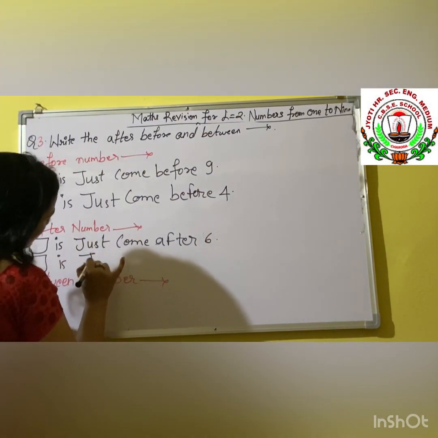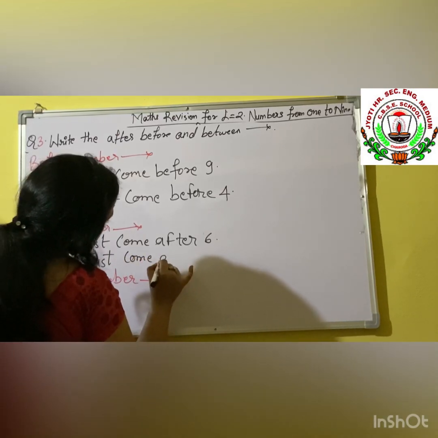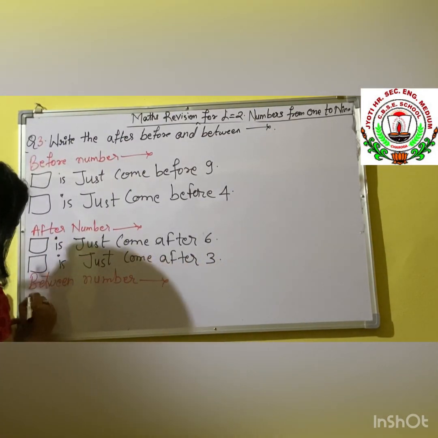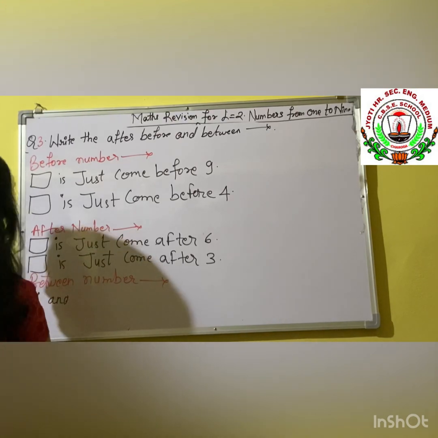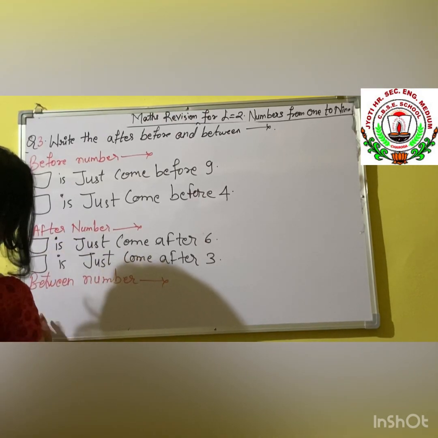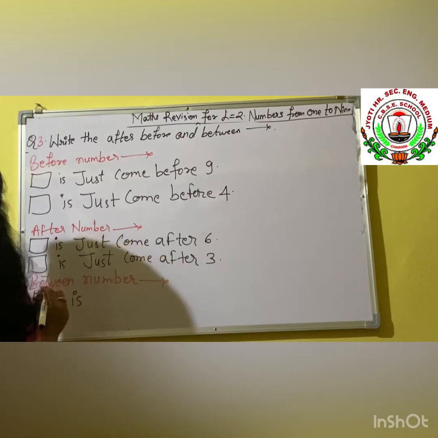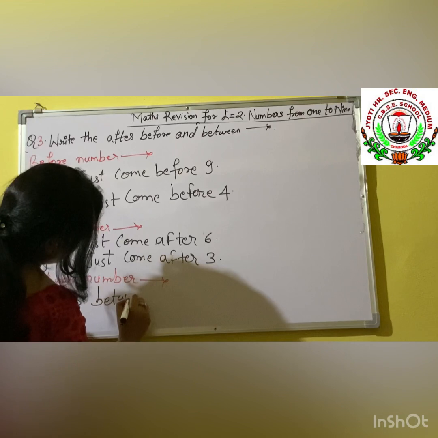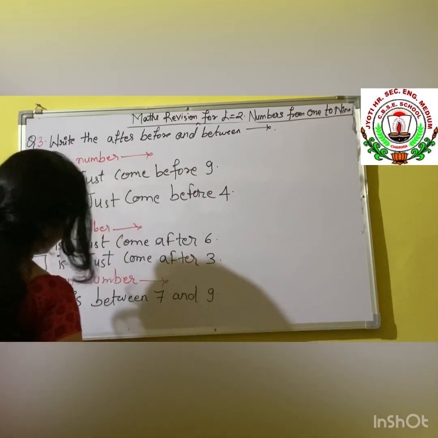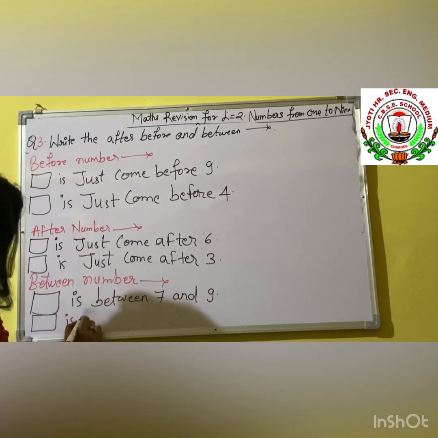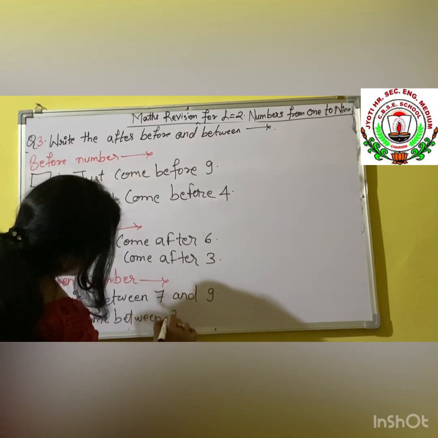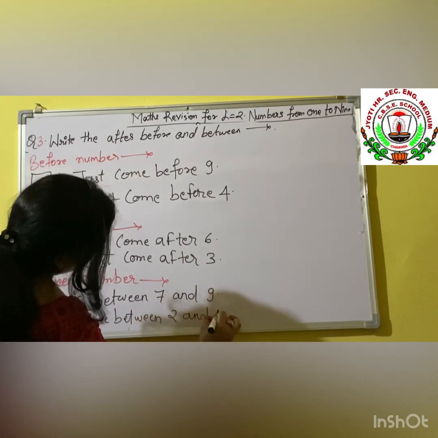Dash just comes after 3. And dash is between 7 and 9. Dash comes between 2 and 4.